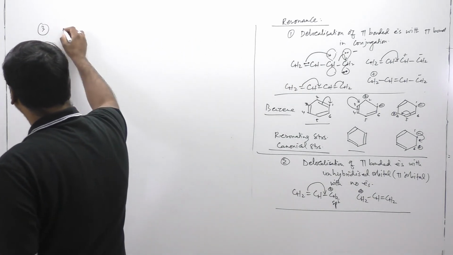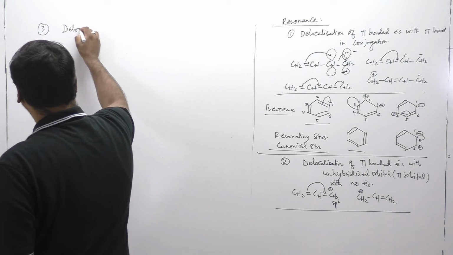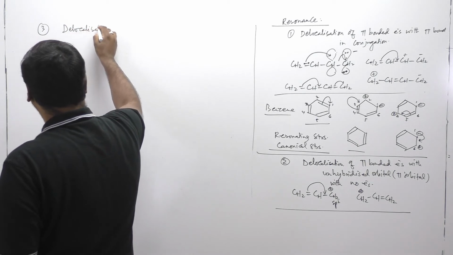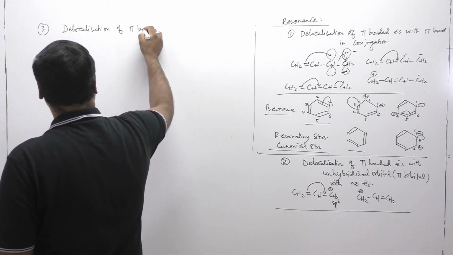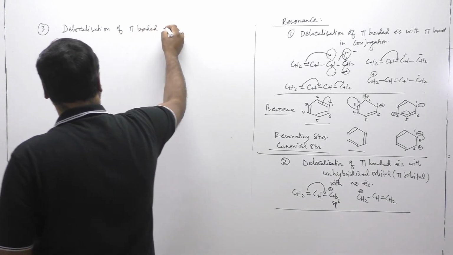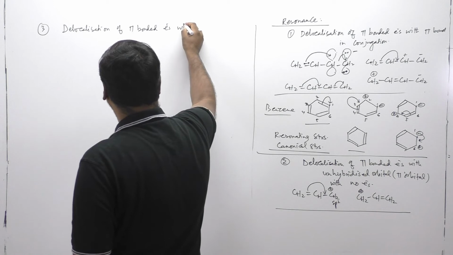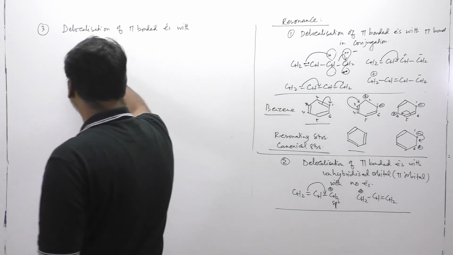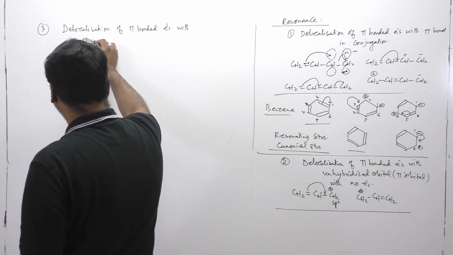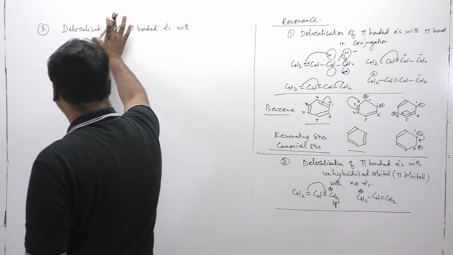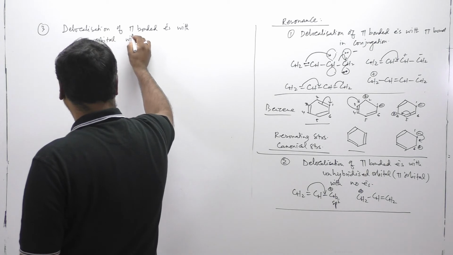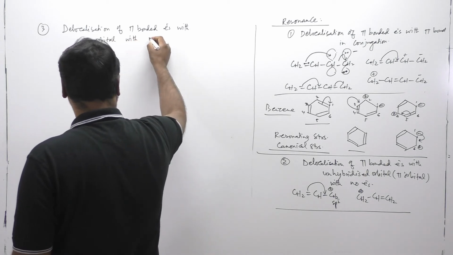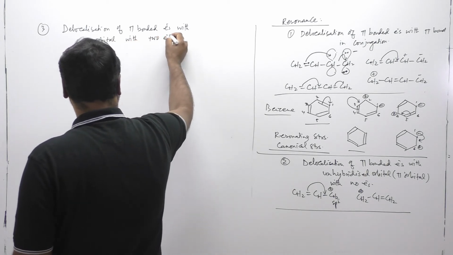Third one, delocalization of pi bonded electrons with pi orbital with 2 electrons.